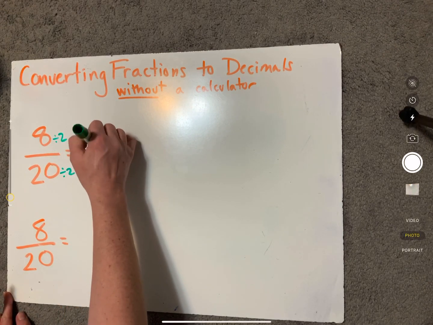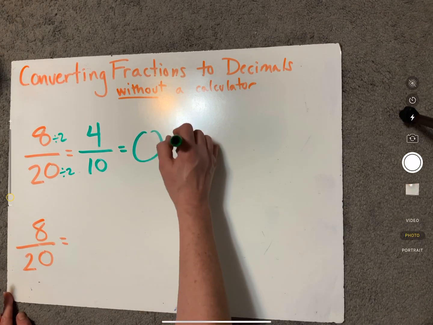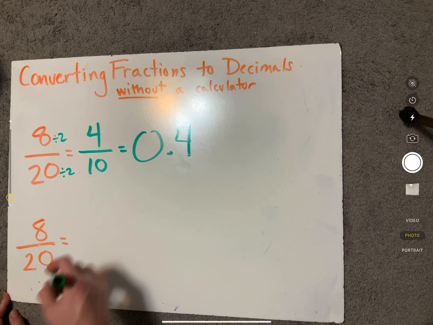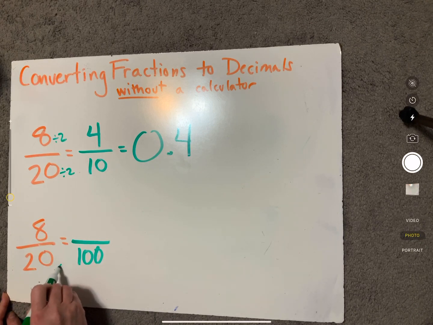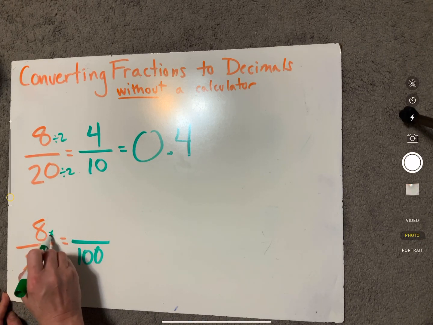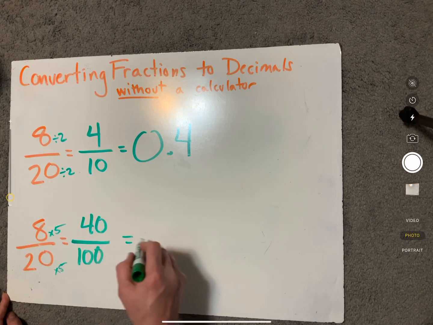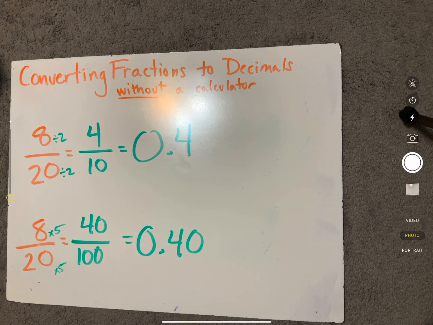Yeah. 8 divided by 2 would be 4. 4/10 would be written like that. I also could make this denominator equal to 100. 20 times 5 would be 100. 8 times 5 would be 40. So 40 hundredths would look like that. So that's another way. Sometimes there are two different ways that you could get to either 10 or 100, and that's perfectly fine. These are both equal to each other.